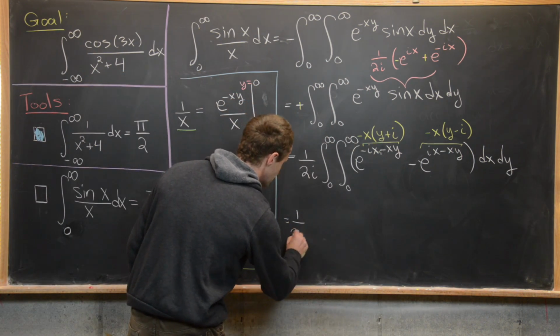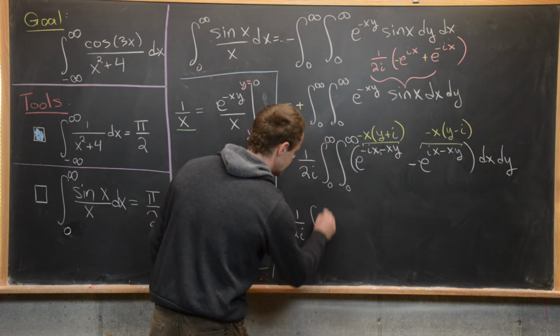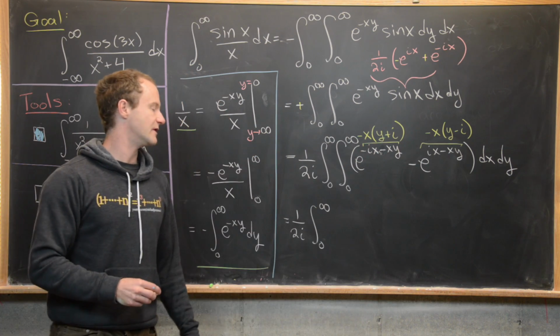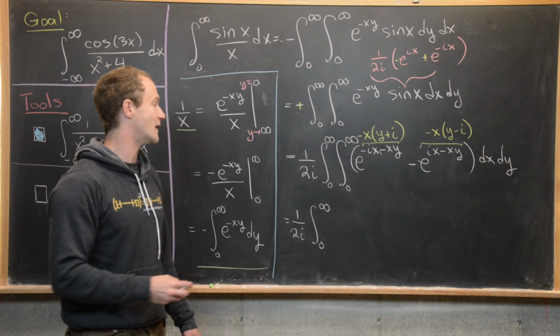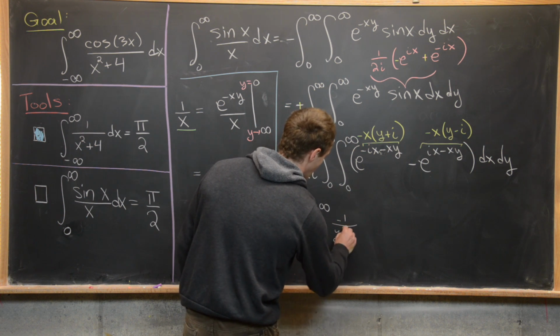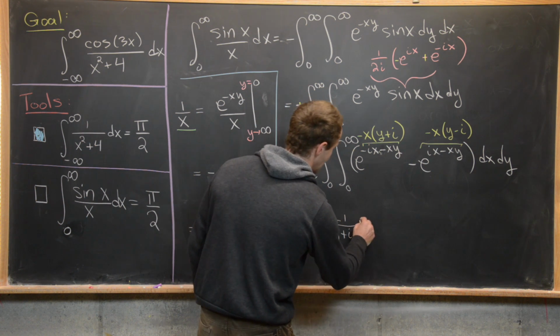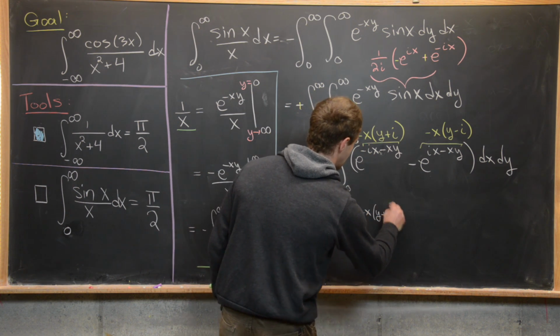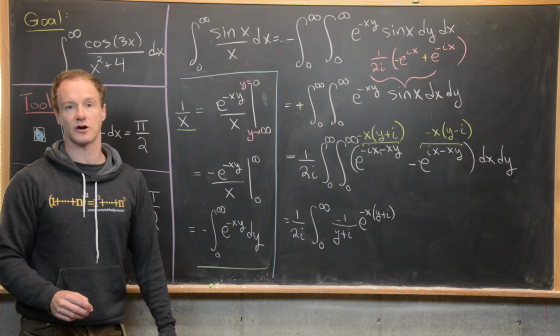So we've got 1 over 2i, then the integral from 0 to infinity. The antiderivative of this with respect to x is going to be minus 1 over y plus i, and then e to the minus x times y plus i. That would be the first term.